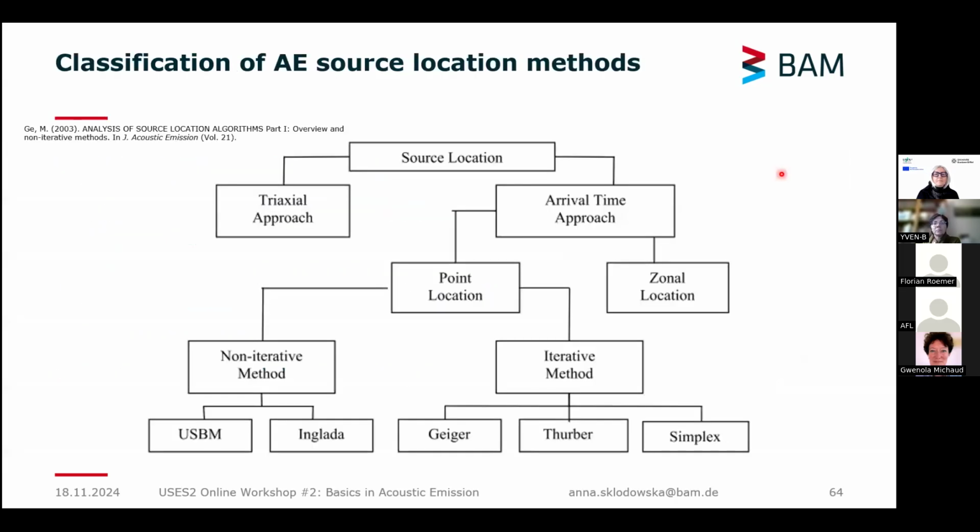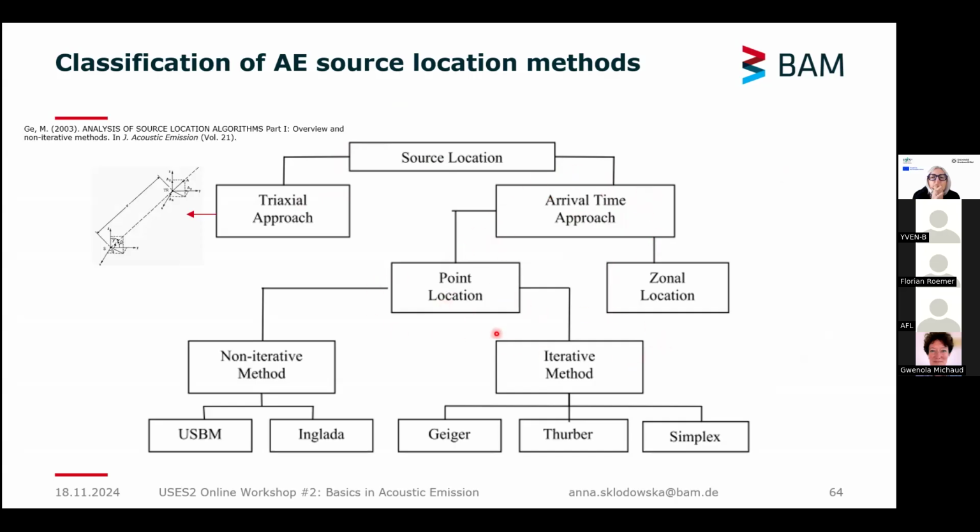When I was looking at this subject, I found that there are a lot of ways to describe the localization, but this is one that is, I think, the most commonly used. This is a classification from a paper of Ge from 2003, where he divided it in such a way. We have two main branches: triaxial approximation and arrival time approaches, which is our main interest.